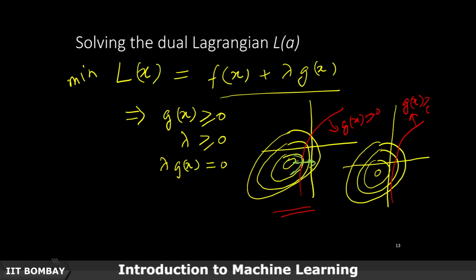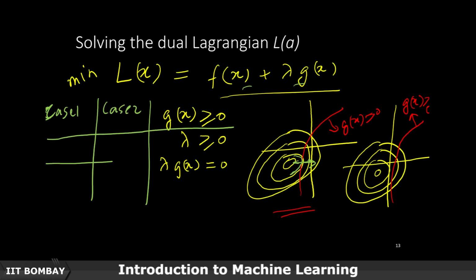Because the two have to cancel each other out, lambda will not be 0, and g(x) will be equal to 0. So this is case 1, this is case 2.